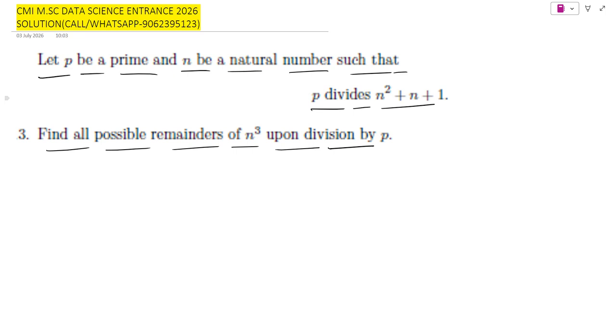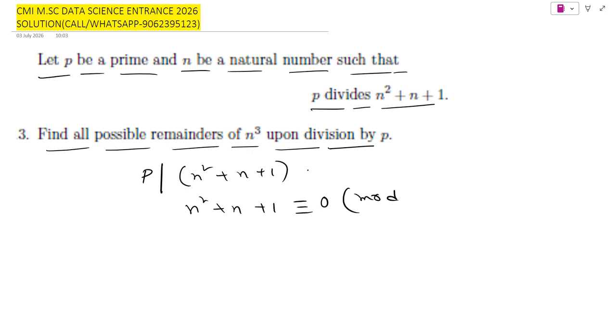understand the whole thing. The statement says P divides N square plus N plus 1, right? So this means N square plus N plus 1 is congruent to 0 mod P. Okay, so this is our only piece of information.